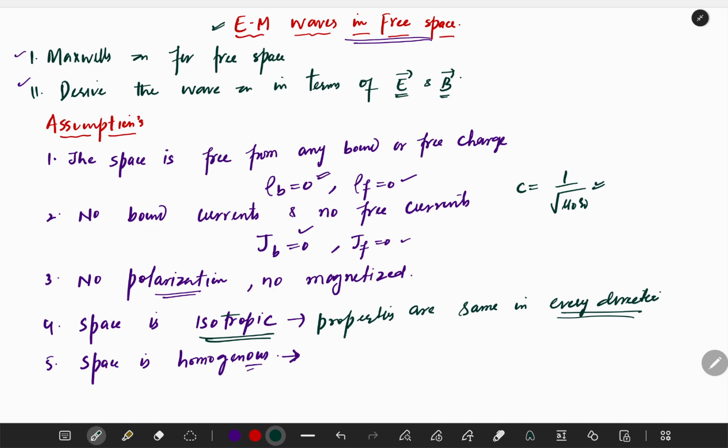We also try to study the structure and the direction of polarization of EM waves. Polarization of EM waves, not polarization of the material. We're going to understand the polarization of EM waves: linear polarization, circular polarization, and elliptical polarization.